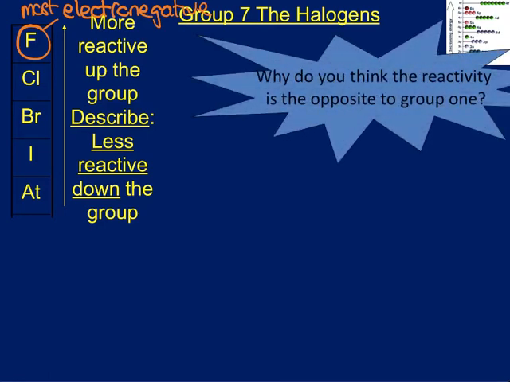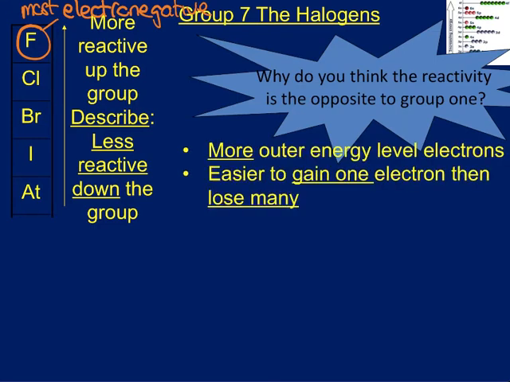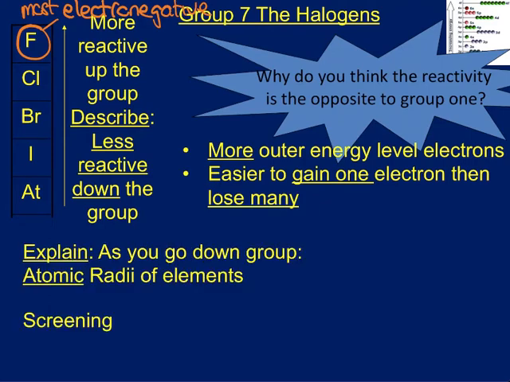So again, why does it work differently to group 1? These guys aren't going to be losing. So in terms of outer shell electrons, these would have 7 electrons in their outer shell, and for them it's easier to gain 1 than to lose many. So this is one of the reasons why their reactivity is different. And again, we know about atomic radius.